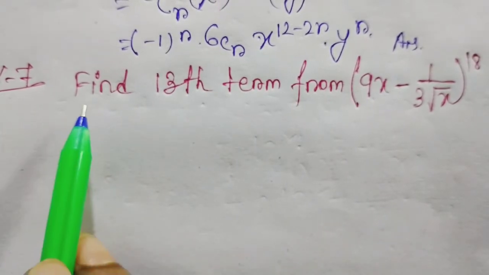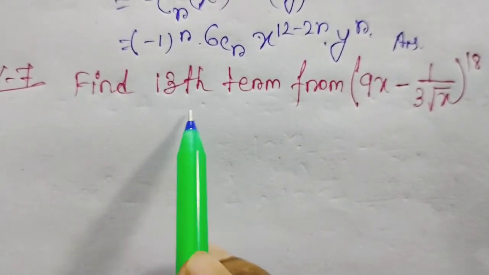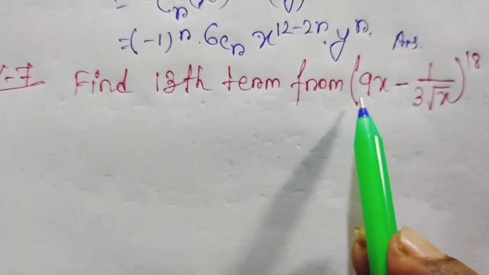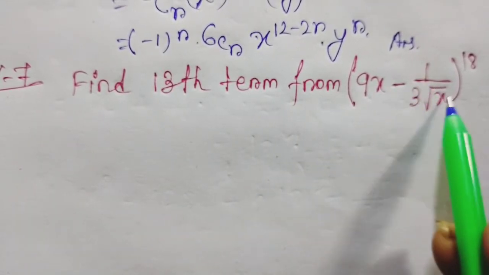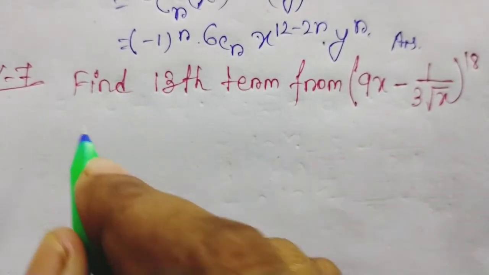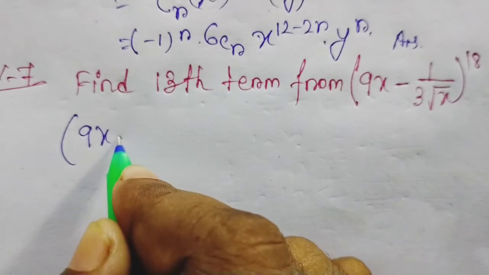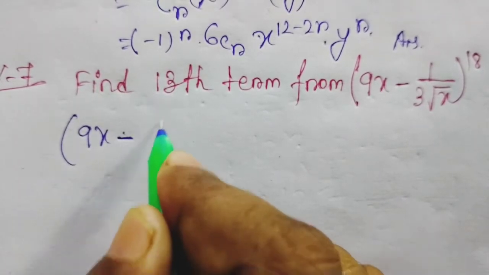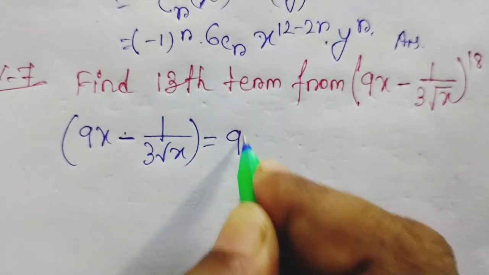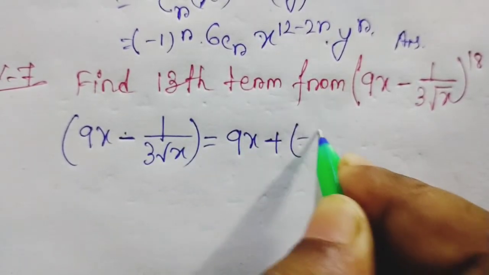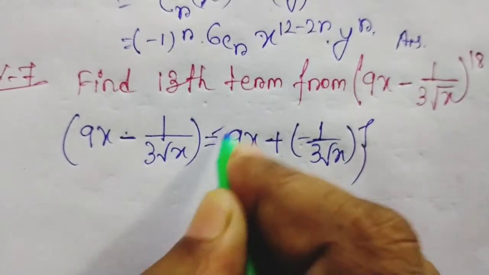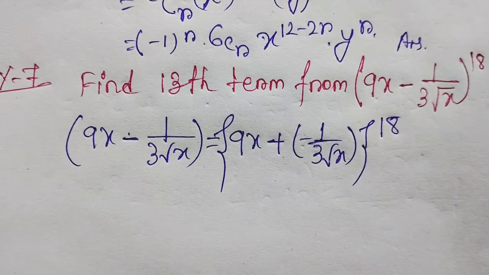Here is the next question, question number 7. Find the 13th term in the expansion of (9x minus 1 by 3 under root x) whole to the power 18. So clearly 9x minus 1 by 3 under root x can be written as (9x plus minus 1 by 3 under root x) whole to the power 18.